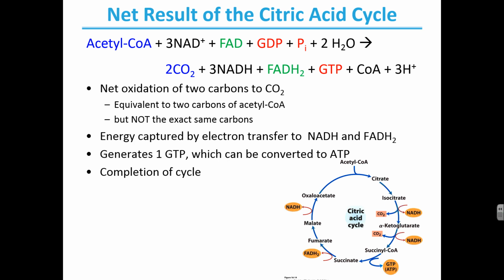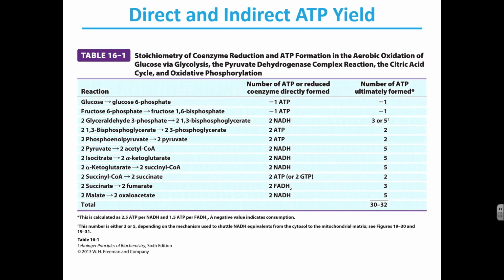So we would do the citric acid cycle twice for every glucose molecule. So for every glucose molecule, we get 20 molecules of ATP from the citric acid cycle. From these steps of glycolysis, we'll get 12 more. So overall, we get typically 32 molecules of ATP.